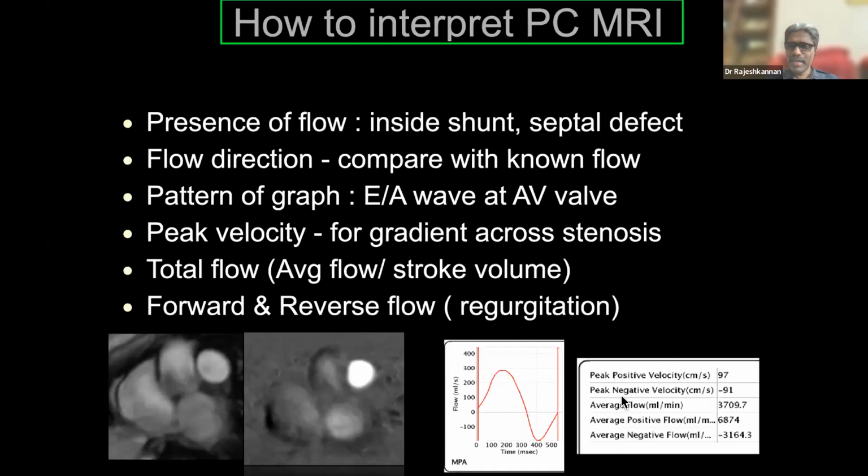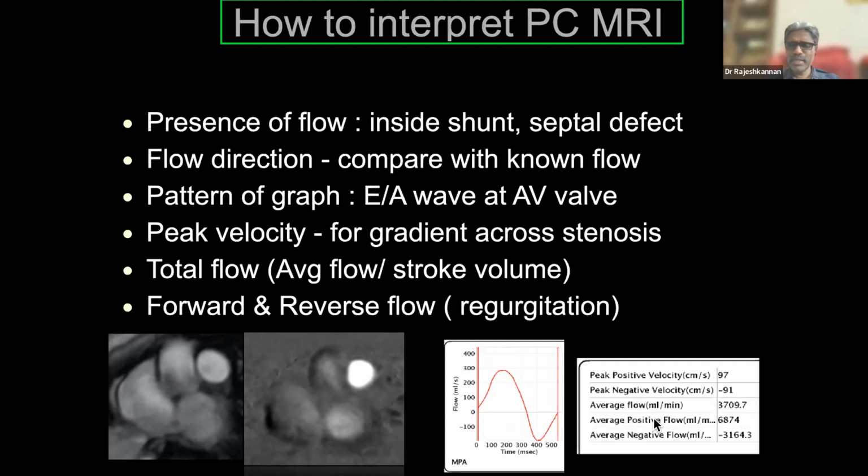Then when you are looking at the summary of the result, we can look at the peak positive velocity, the maximum velocity, and if you want to calculate the gradient across a stenosis, we will use this maximum peak velocity. We can also look at the average flow, otherwise known as the stroke volume. In this case the stroke volume is 3.7 liters.